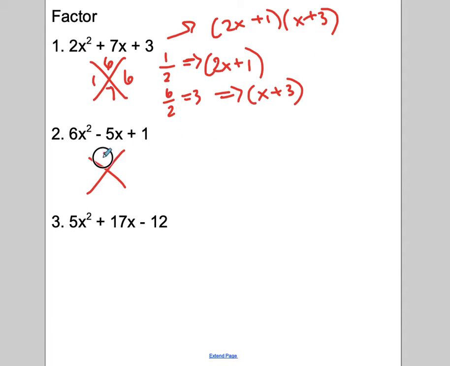So in my X puzzle, I write 6 at the top and a negative 5 at the bottom. So the numbers that come to mind would be negative 2 and negative 3. And then I would take negative 2 divided by the value of a, and I reduce that, so that becomes negative 1/3. And since that's a fraction I can no longer reduce, I'm going to write it as a linear term.